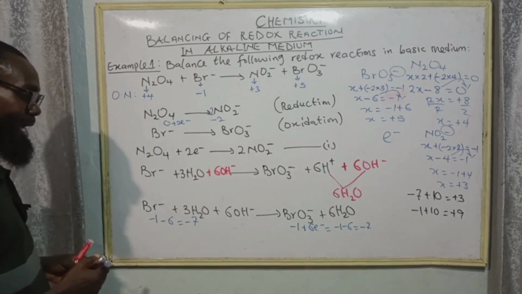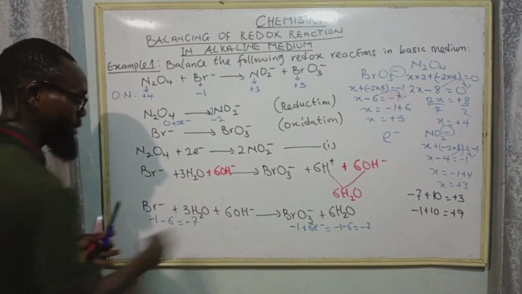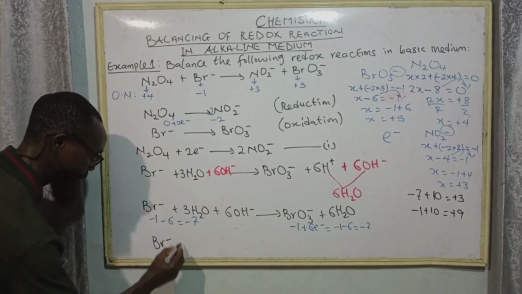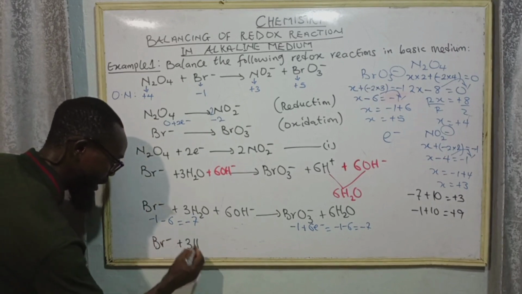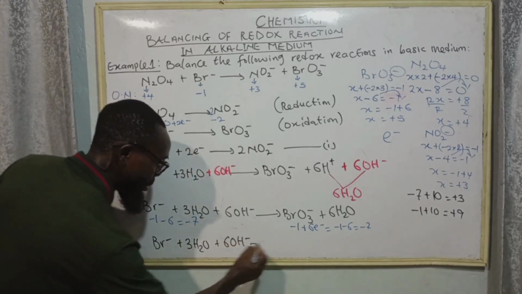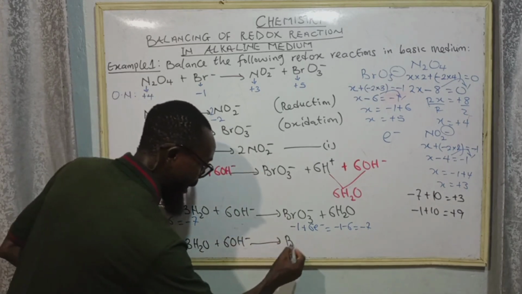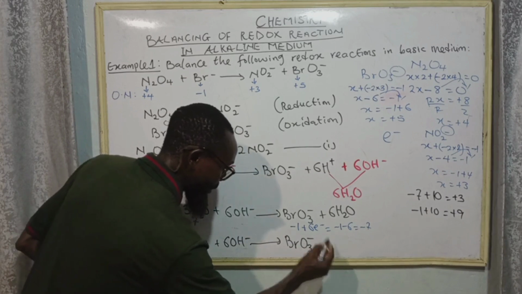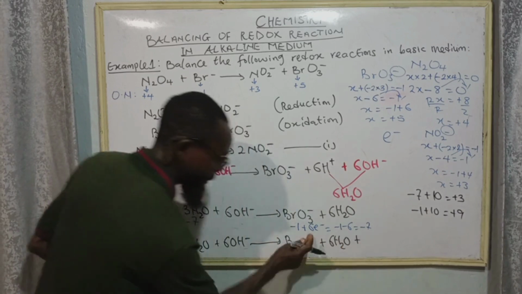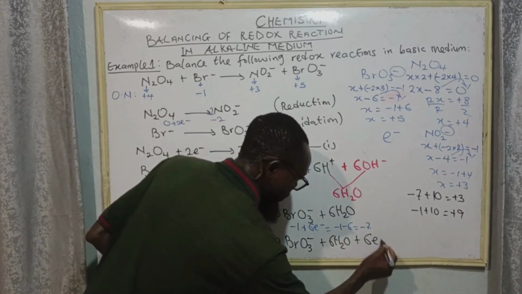So, in the end, I'm going to add 6 electrons to that side. So I will now have Br minus plus 3H2O plus 6OH minus to give me BrO3 minus plus 6H2O plus 6 electrons.